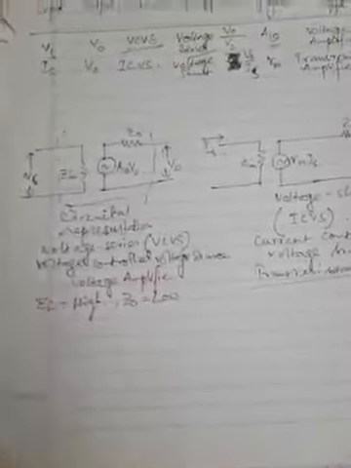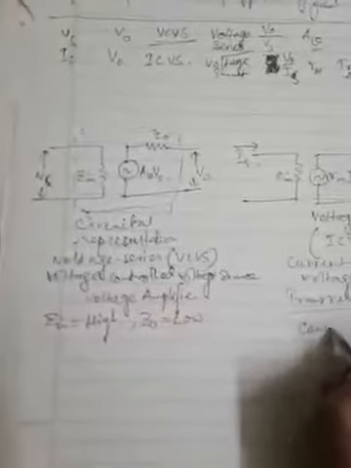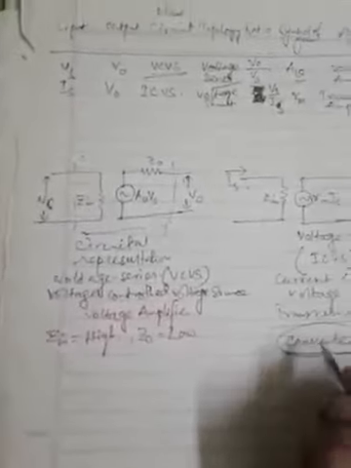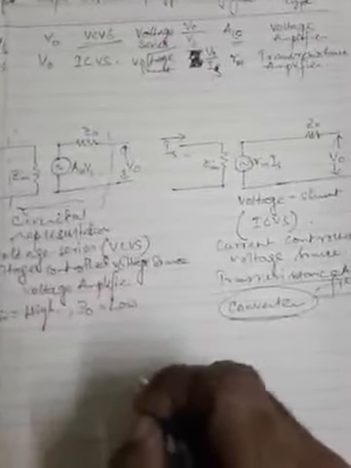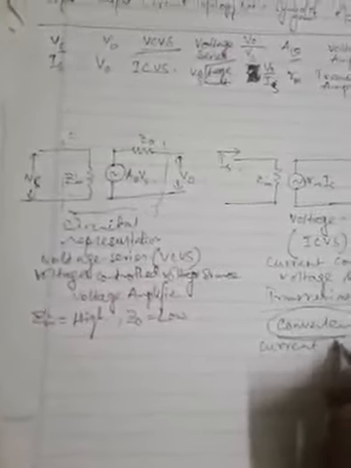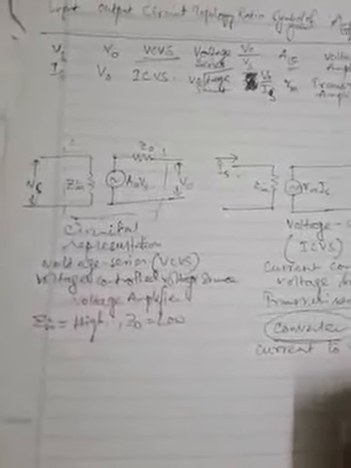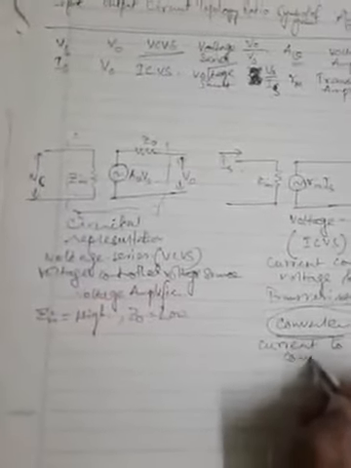So rather than calling it an amplifier, it is better called a converter. So this is nothing but a converter. And what converter? This is basically a current to voltage converter.